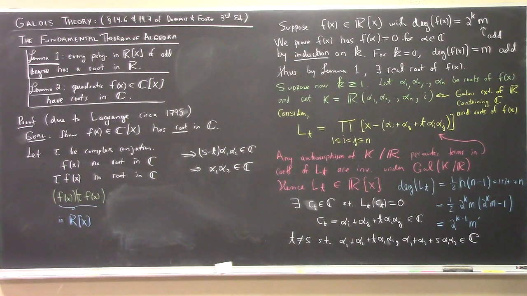Alpha 1, alpha 2 are roots in C. Well, we have the product of alpha 1 and alpha 2 in C. Any quadratic f of x has roots in C. I don't quite understand the use of lemma 2 yet, I'll be honest.